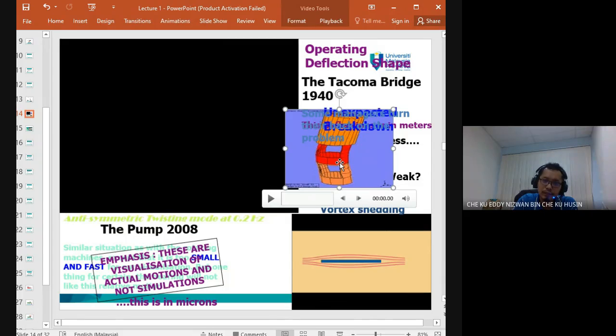Then after doing the assessment, we found that this is a resonance issue. This is the actual measurement. You put sensors to measure the deflection for each point. You put a roving sensor at each point, and then you can amplify. You cannot see this kind of motion by naked eye, but using the software you can amplify it and see the pattern of motion.